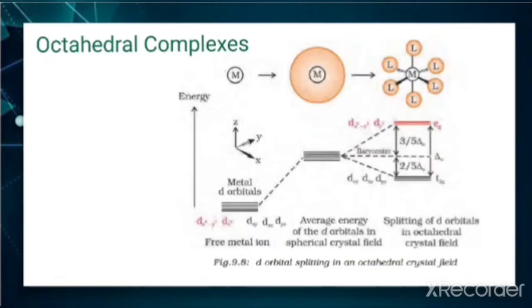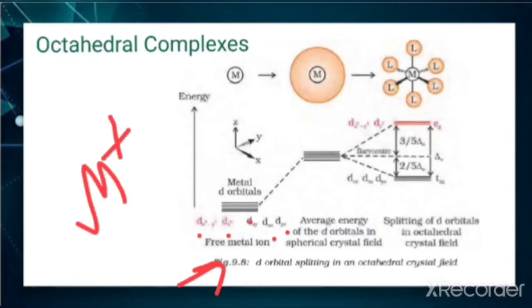These are the d orbitals: dxy, dyz, dzx, dx square minus y square and dz square. So the five d orbitals in the free metal ion M plus, that is without ligand, have the same energy.